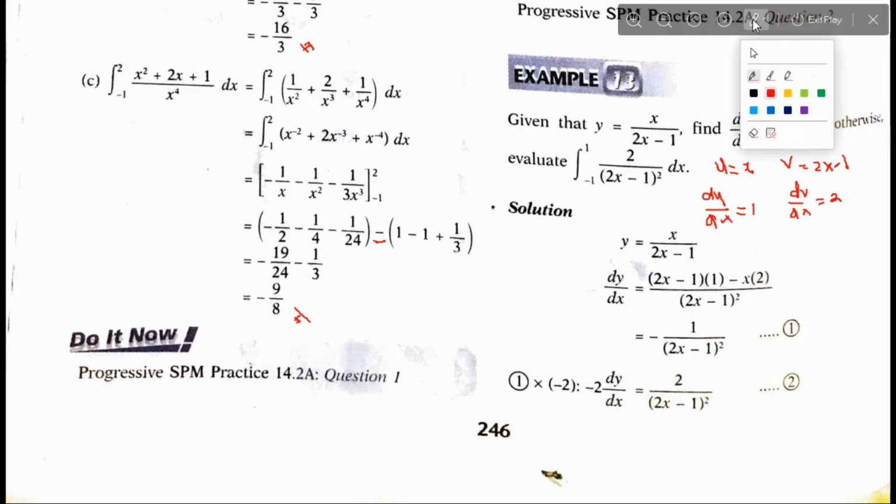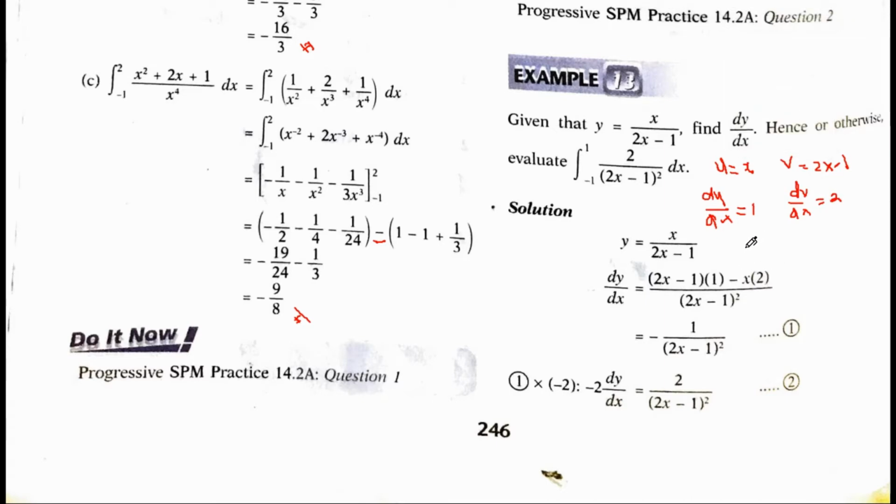Still remember the formula of the quotient rule? There will be dy/dx equals v times du/dx minus u times dv/dx, over v squared.